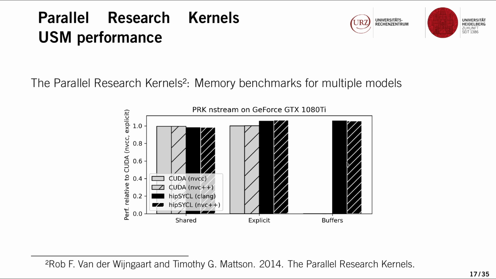What you see here is the performance on the NVIDIA GPU normalized to the performance using CUDA with NVCC and explicit memory migration. And as we can see, the results are all very close, and there's not really much of a performance difference if you use buffers, or if you're using SYCL or CUDA, or if you're using shared or explicit USM with SYCL.